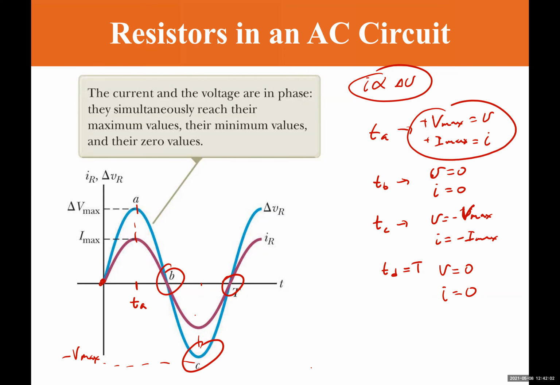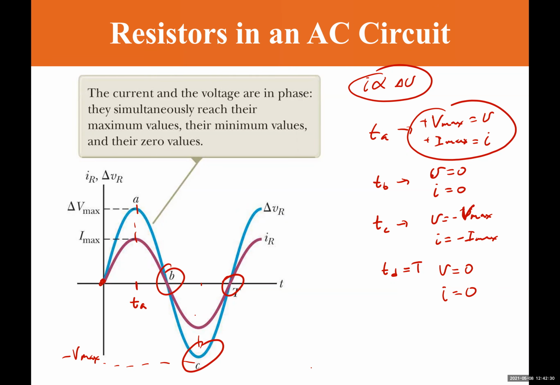That means resistors, in a way, at least there's some similarity between resistors connected to a DC circuit and the AC circuit. What we have here, as we're going to see a little bit later on, is that there is no frequency dependence. That means the current and voltage across the resistor don't change.